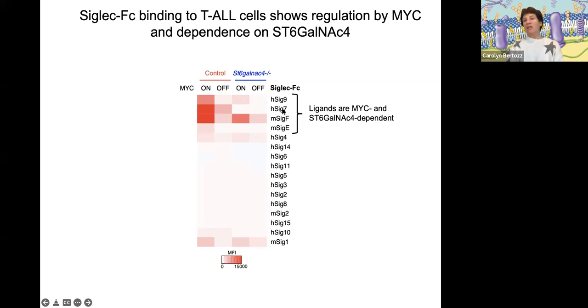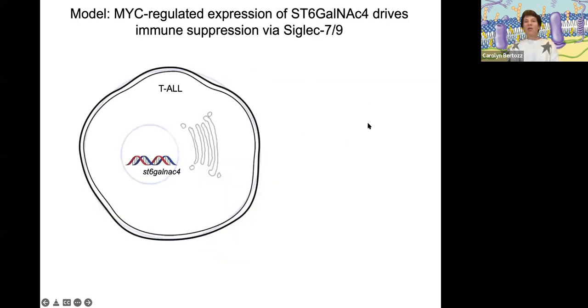So the effect on CIGL X7 was so dramatic that we basically positioned this disialyl structure as a critical determinant of CIGL X7 binding, much more so than any other CIGL, and dependent on ST6-GalNAc4. So we now have this working model where we understand that ST6-GalNAc4 is regulated by MYC. When MYC is overexpressed, levels of this transcript go up, and that leads to increased expression of the sialyltransferase, which is in the Golgi compartment.